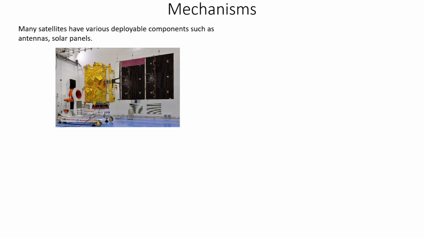Suppose you put 3 panels and one panel size is 2 meter by 3 meter, then lengthwise you will have 4 meter by 6 meter. If you have 3, then 6 meter by 9 meter. So, these are the sizes, and antennas can also be very big. 2 meter, 3 meter antennas are generally used in the spacecraft.